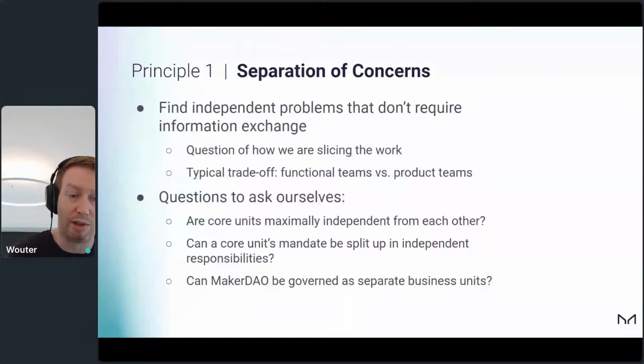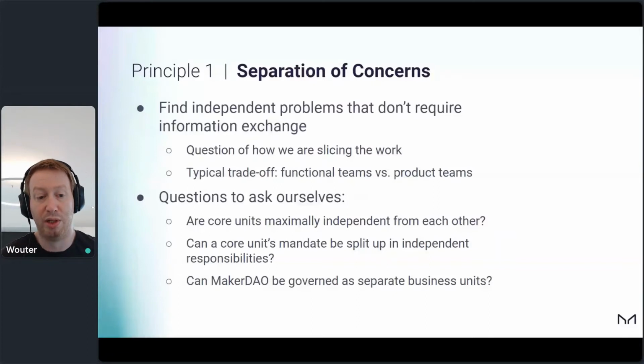Another one that we can ask ourselves on the very highest level, on the DAO level itself, the protocol level, can MakerDAO be governed as completely separate business units? We know we have different products that are used by different types of users. Is there an opportunity there to optimize our scalability by really starting to separate these a lot more apart from each other?